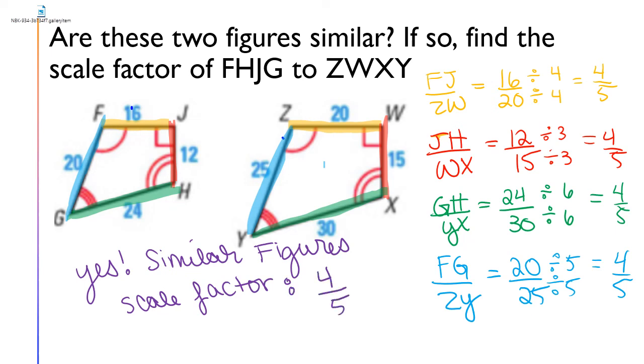If we had been asked to find the scale factor of ZWXY to FHJG, then the answer would have been 5/4. But this is asking for the small shape to the big shape, so that's why our answer is 4/5.